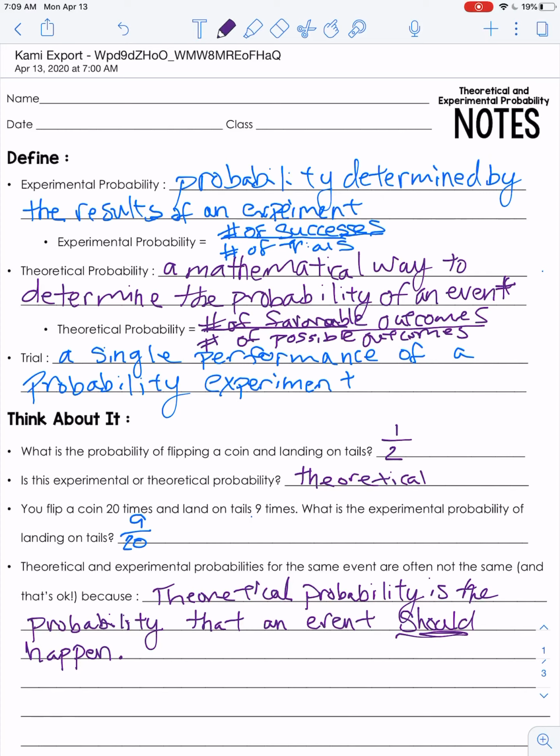An experimental probability is the probability that an event did happen.